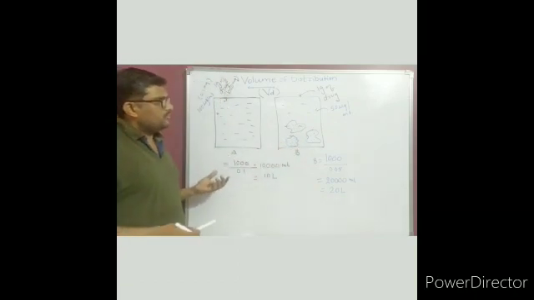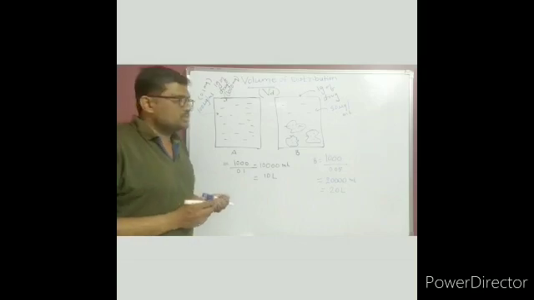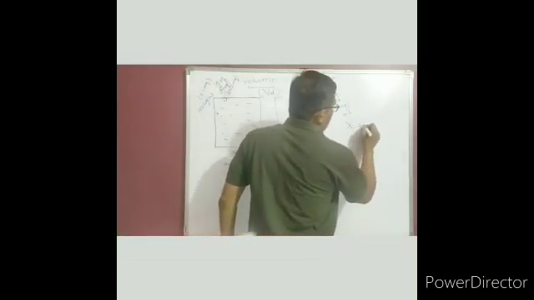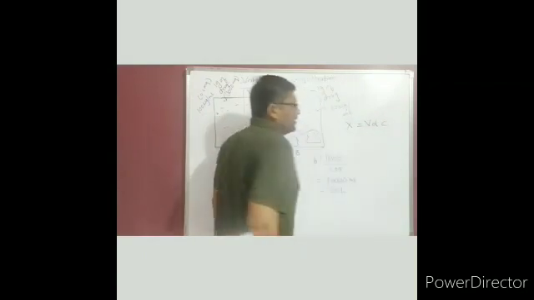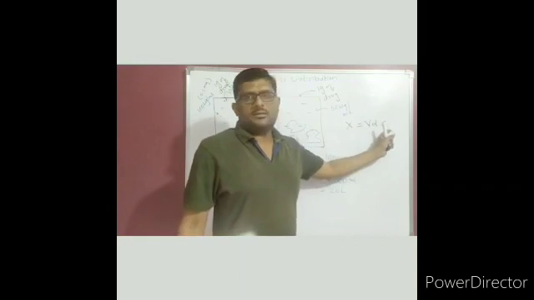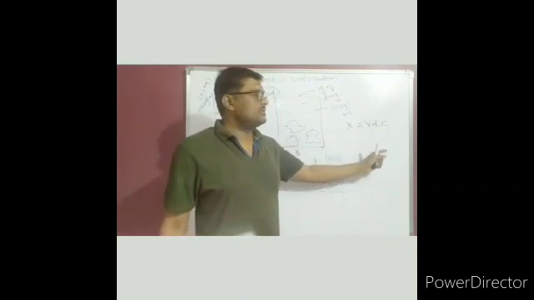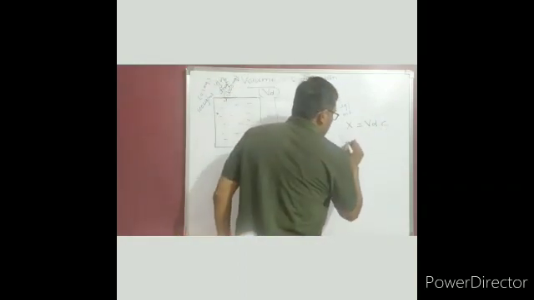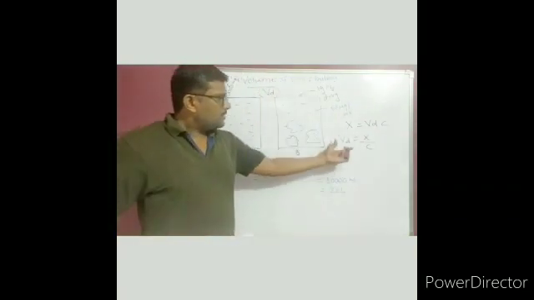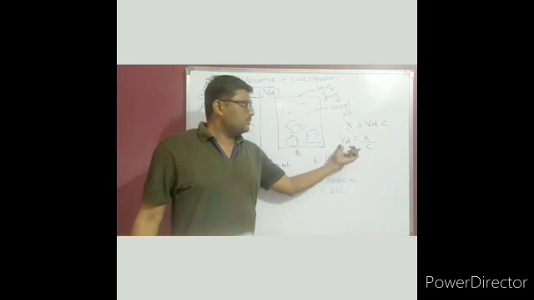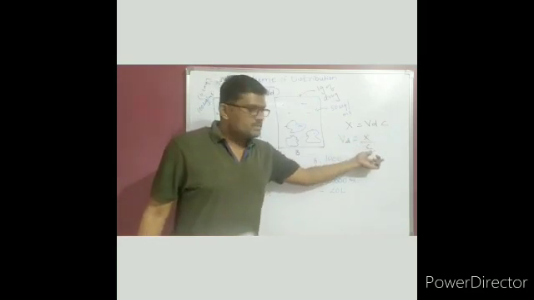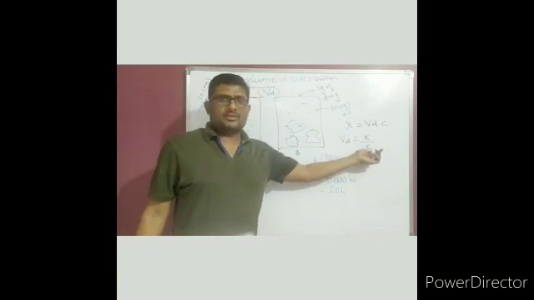Now, if you see the equation, X is equal to VD into C. X is the amount of drug present in the body, C is the plasma drug concentration, and VD is the volume of distribution, which is equal to X by C. So VD is directly proportional to the amount of drug present in the body and inversely proportional to the plasma drug concentration.